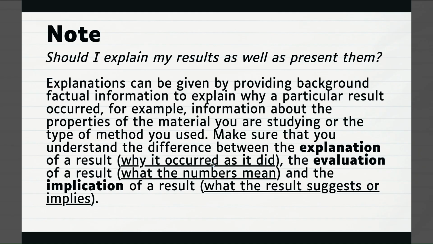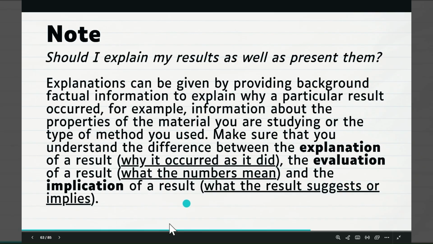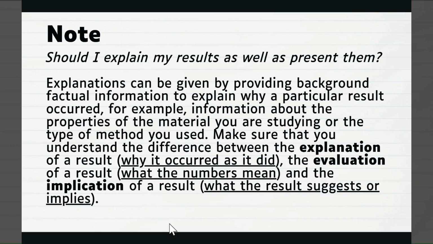So try to think of a cause. What could be the cause of this particular finding? Then provide the implication. I think this is when we give the evaluative language, and do provide an implication of the result. So what does it suggest? What do you think can happen if, say, a particular finding is observed in a certain manner?